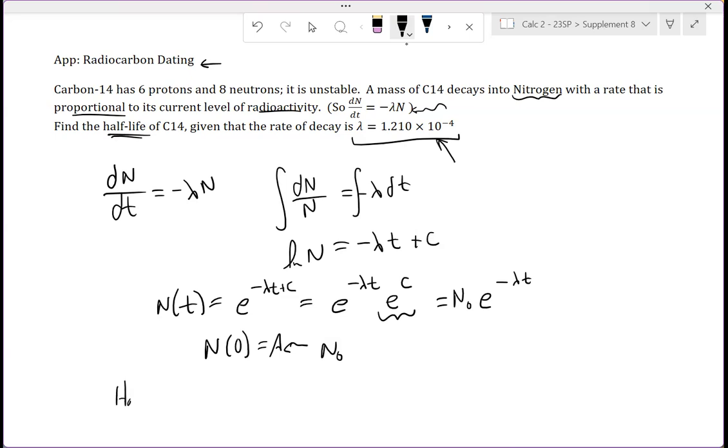So what's the half-life? It's the time it takes for N naught atoms to become 1/2 N naught. So my question is, when is N of t equal to 1/2 N naught?